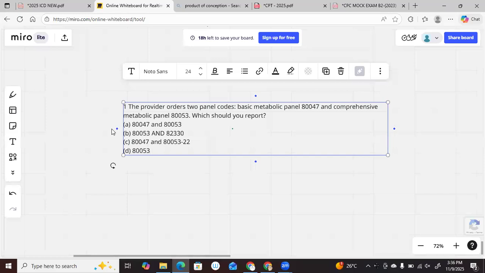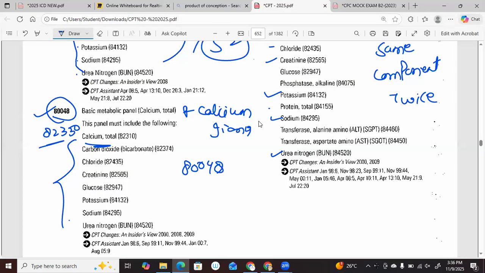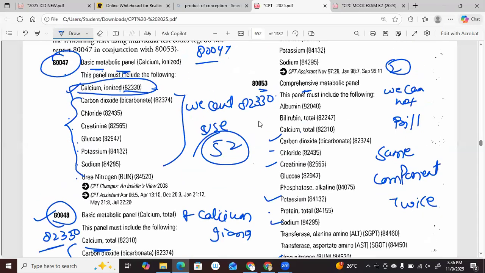Okay, so in our case, the doctor ordered two panels, a basic metabolic panel as well as a comprehensive metabolic panel. As we discussed, we should not bill the same component twice, and if we bill 80053, all of these components are included in the 80053.